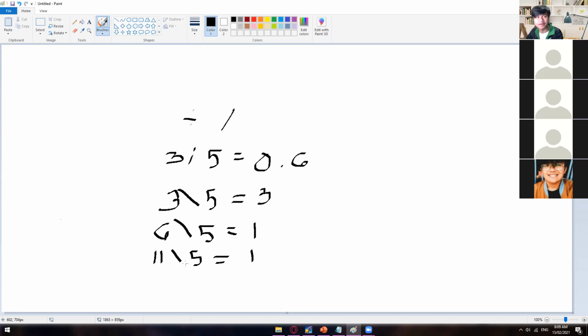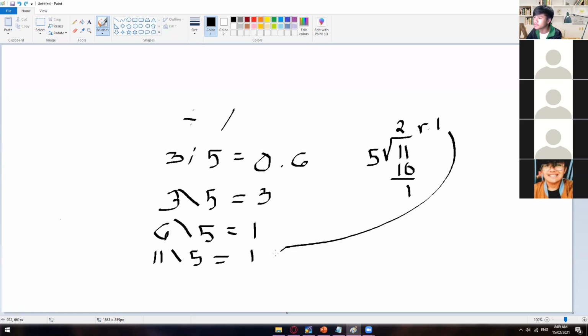It's like 5, 10, doing the normal way of dividing. 5 times 2 is 10, remainder 1. So the quotient doesn't matter. What matters is the remainder. So this is our answer. That's how we calculate mod.